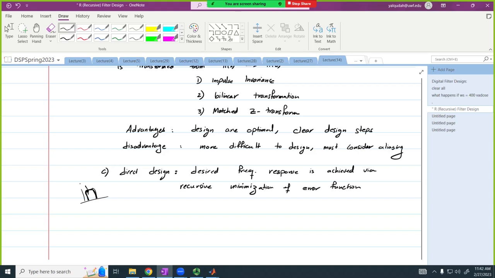Make sense? So the advantage of this method is we can design any arbitrary frequency response. The disadvantage is that it uses numerical techniques.